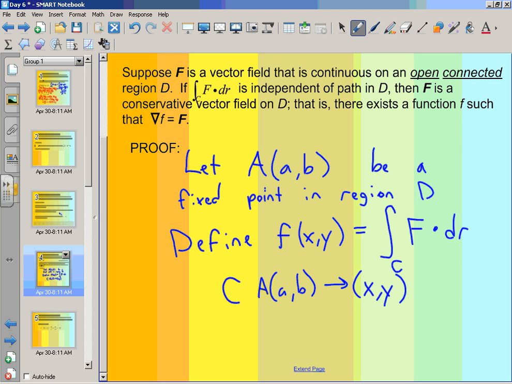And so (x, y) can be anywhere in that region, and f is going to be the line integral from our fixed point to that point. Okay? Does that make sense? So C is just some curve between (a, b) and (x, y).